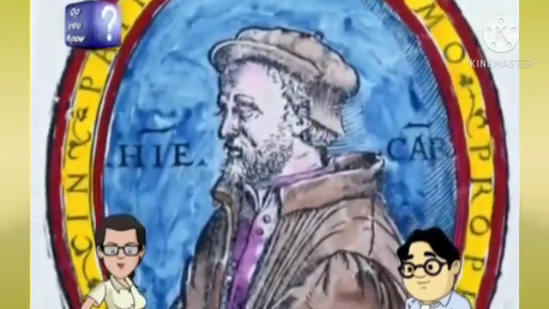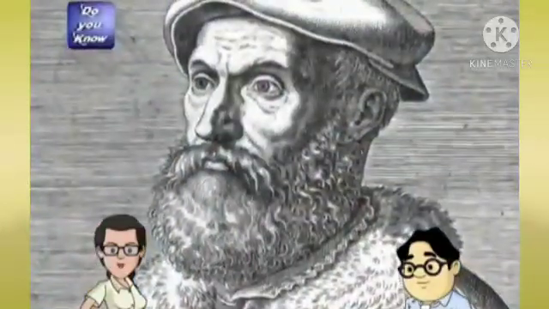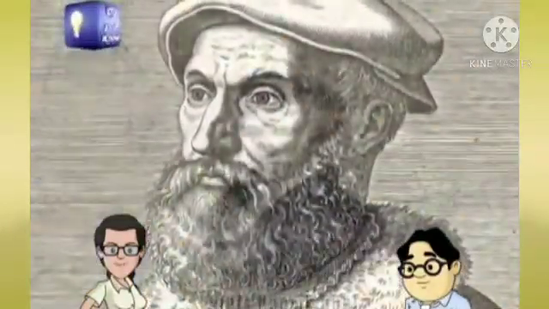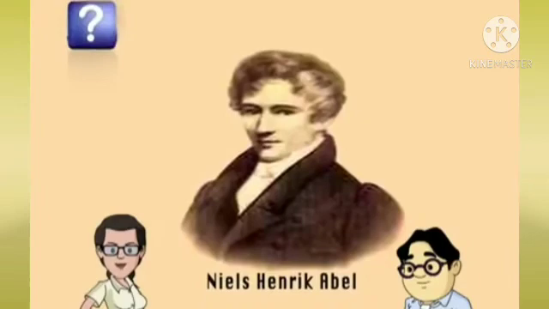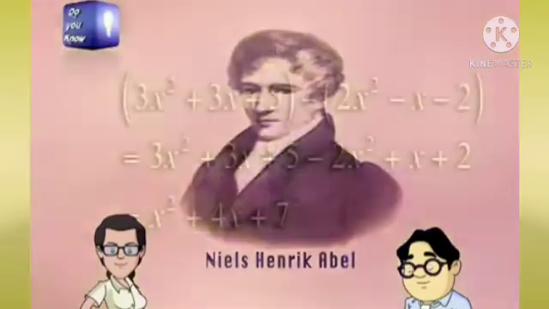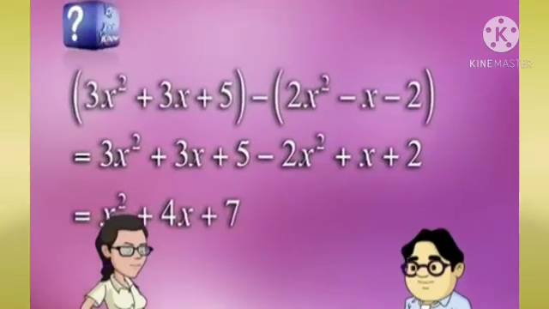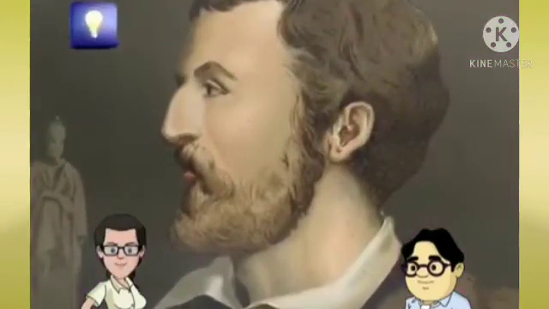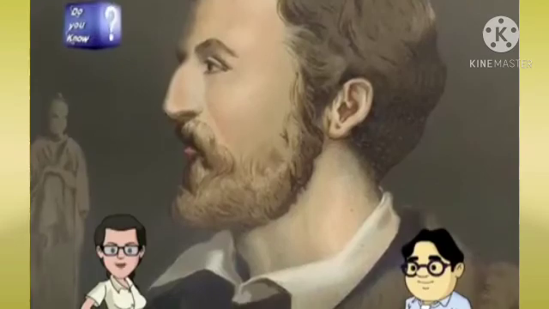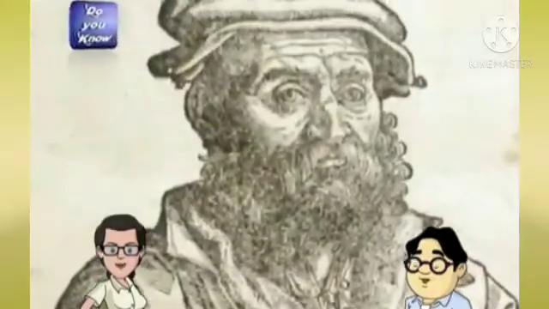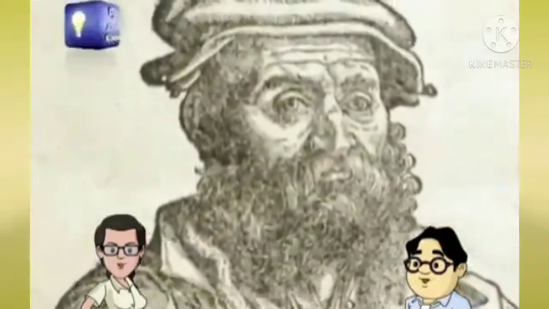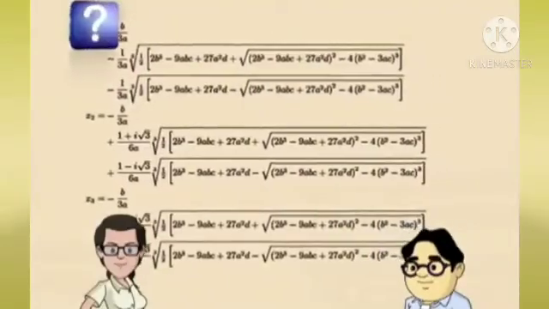Mathematicians Girolamo Cardano, Niccolo Fontana Tartaglia, and Niels Henrik Abel are some of the notable mathematicians who worked towards finding the solutions. Interesting! Well, there's one more interesting story: the mathematicians Cardano and Tartaglia had a dispute as to who found the root of the cubic polynomial first.